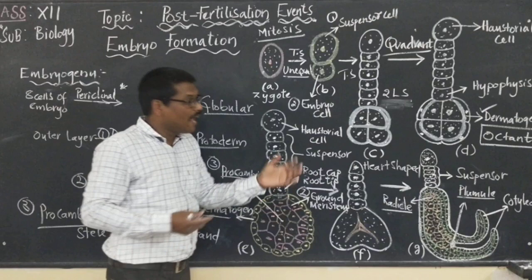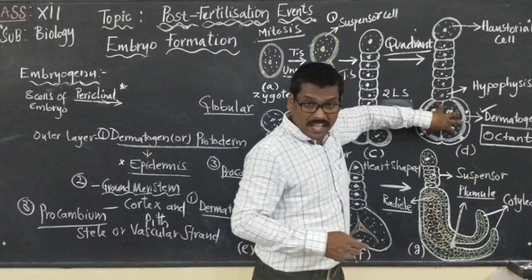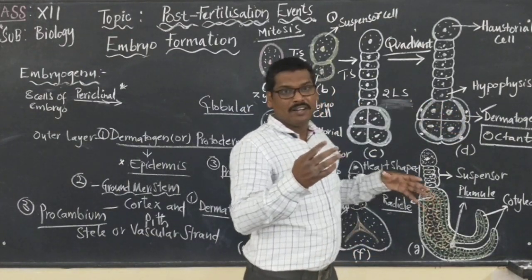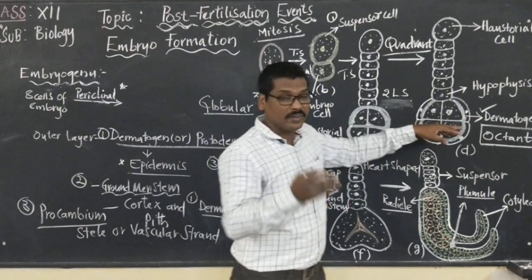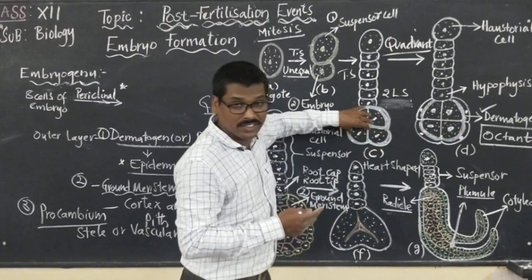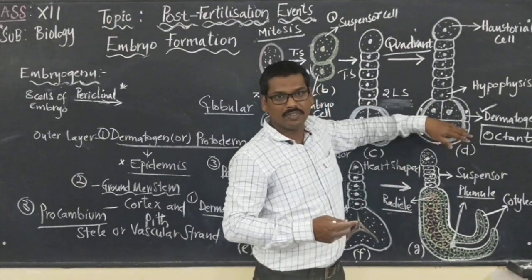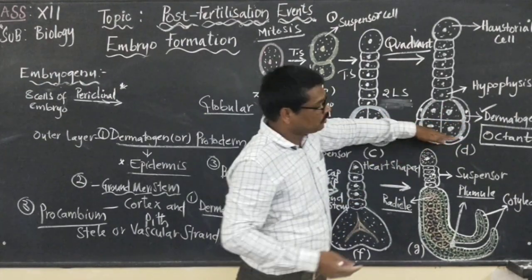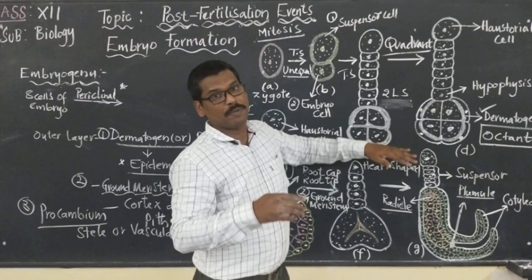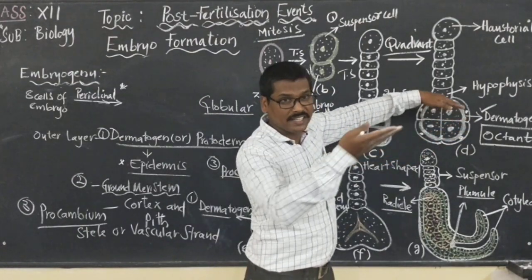And now what we said? The embryo is undergoing division now. It is undergoing another transverse division, because we said 4 cells. So when these 4 cells undergo transverse division, 8 cells are formed, forming 2 layers, epibasal and hypobasal, with 4 cells and the other 4 cells.